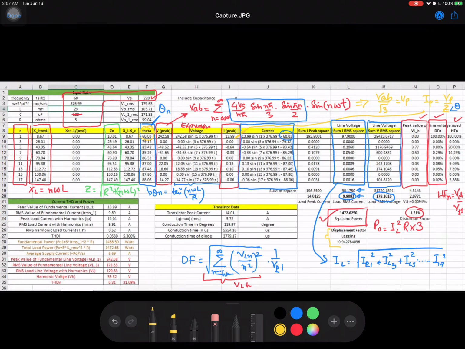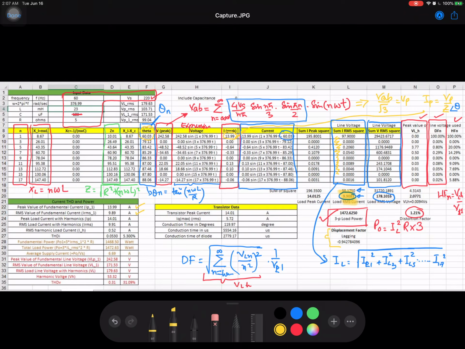the peak value of the fundamental component of the current, RMS value of the fundamental component of the current, then the peak. Okay, from where to get peak value? Peak value is this one, and the RMS value we have calculated in this column, this one, we have calculated the RMS value, that is 9.89, if I am able to highlight this one, right?